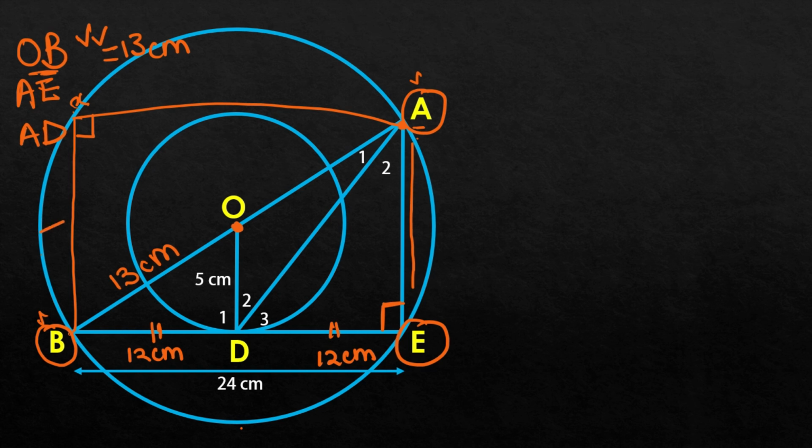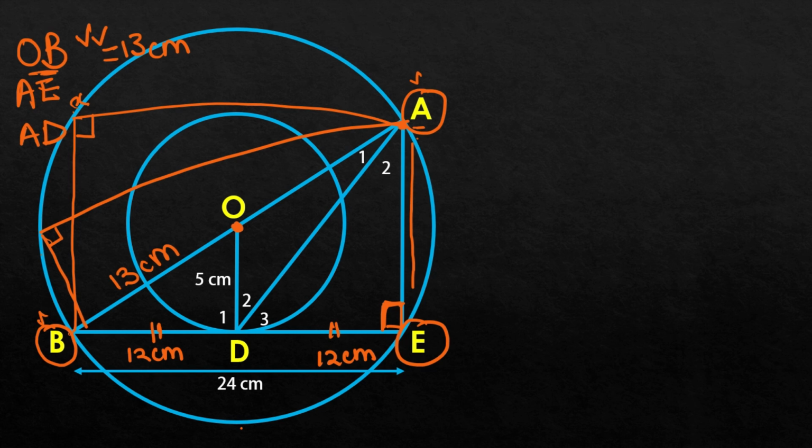Even if it was formed here all the way to A and then B, it was still going to be 90 degrees.